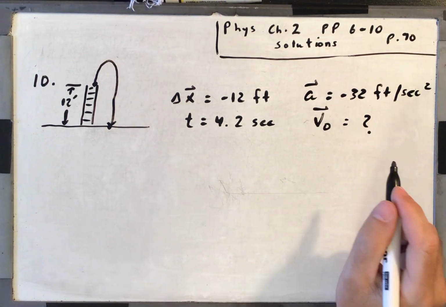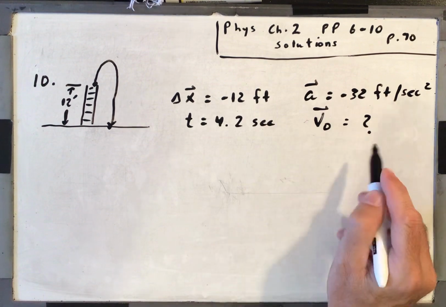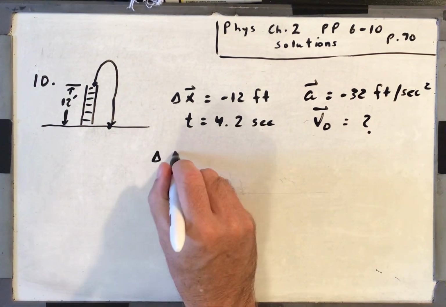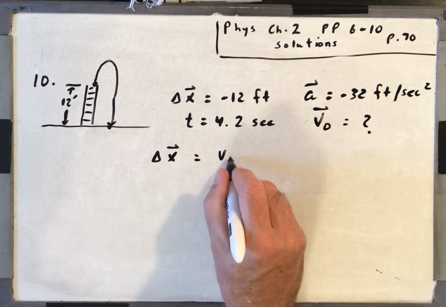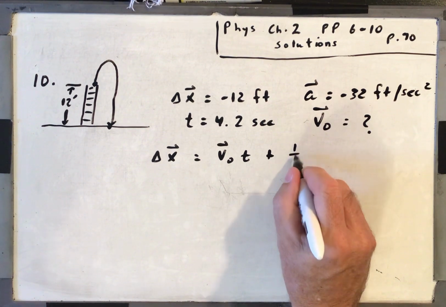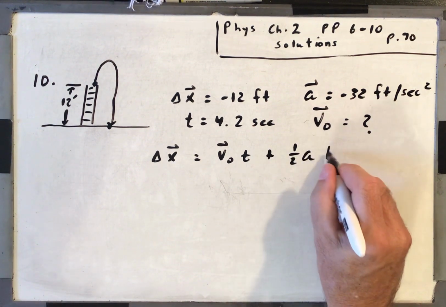All right, well, the equation that has all of these variables in it is equation number 3. That's delta x is equal to v naught t plus 1/2 at squared.